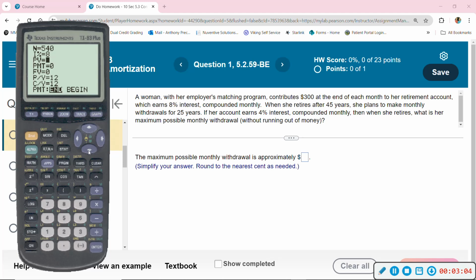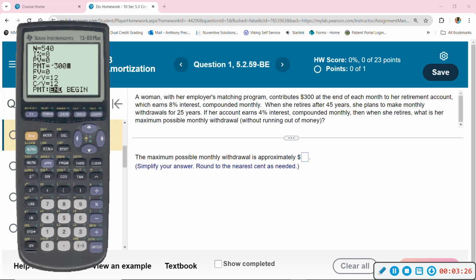Let's see. Present value. When she started her account, it was at 0. Okay, that's a sensible assumption. Now she's paying $300 a month, so we'll write the payment as negative 300.